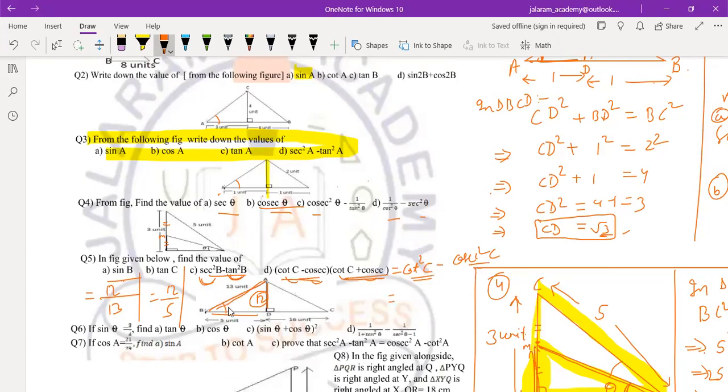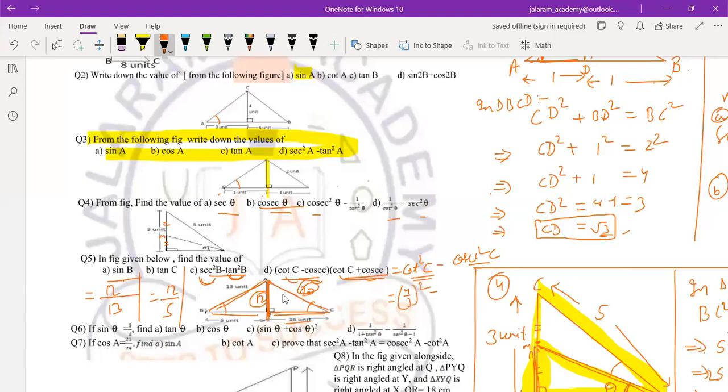Find the value of cot C. First of all, cot C means using this angle, cot C is the ratio of base upon perpendicular. Base is 16, perpendicular is 12. So it is 16 by 12, that is 4 by 3 whole square, minus cosec C, which is the ratio of hypotenuse upon perpendicular. If 16 and 12 are the two sides, the third side will be 20, as 12, 16 and 20 are a Pythagorean triplet.